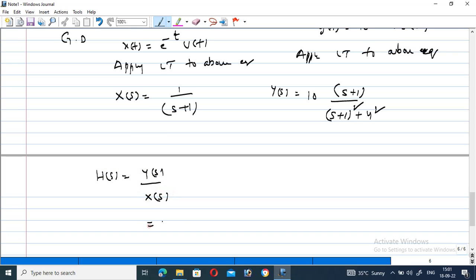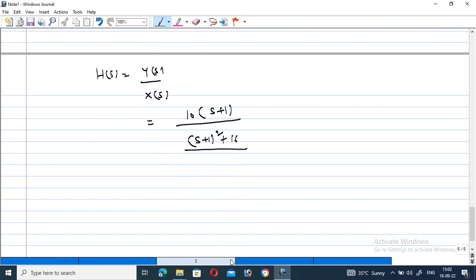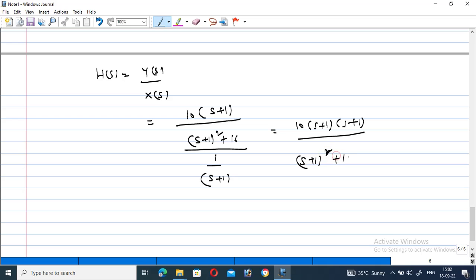So therefore from this equation Y(s) is equal to 10 into s plus 1 by s plus 1 whole square plus 16, and 1 by X(s) is equal to 1 by s plus 1. This will give rise to 10 into s plus 1, again this s plus 1 by s plus 1 whole square plus 16.